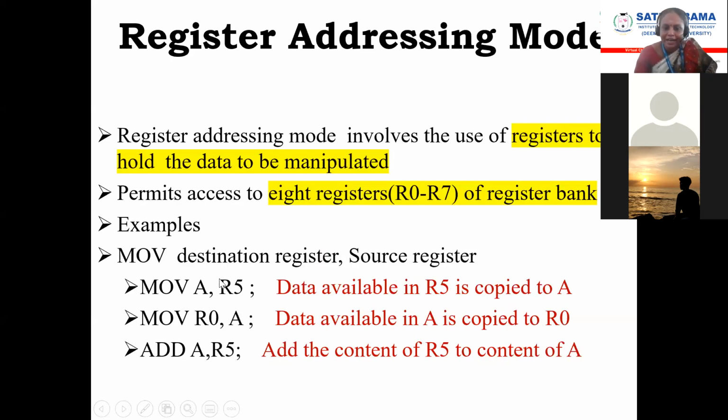So my data available in R5 is copied to A. MOV R0, A, that means I have to move my accumulator content to R0. Then ADD A, R5 means I have to add the content of R5 to the content of A. A comma R5 means A plus R5.